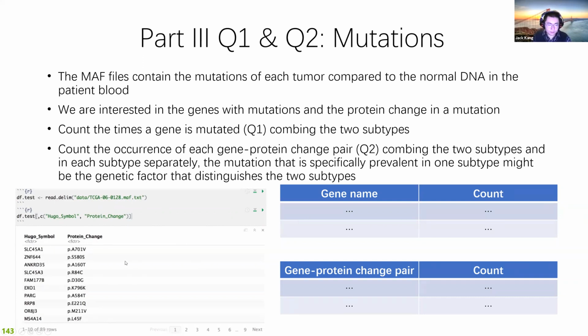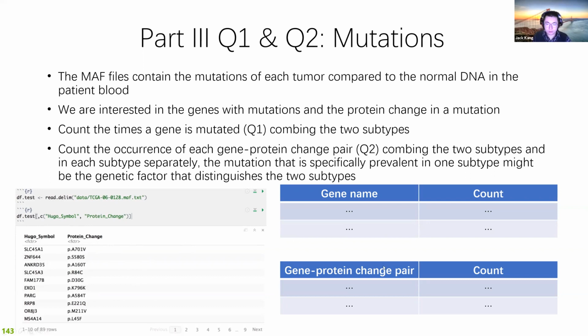So in question 2, you will have to concatenate the two columns, the gene and the protein change, yourself, and count the frequency of the gene protein change pair in the two subtypes as a whole and in each subtype separately.